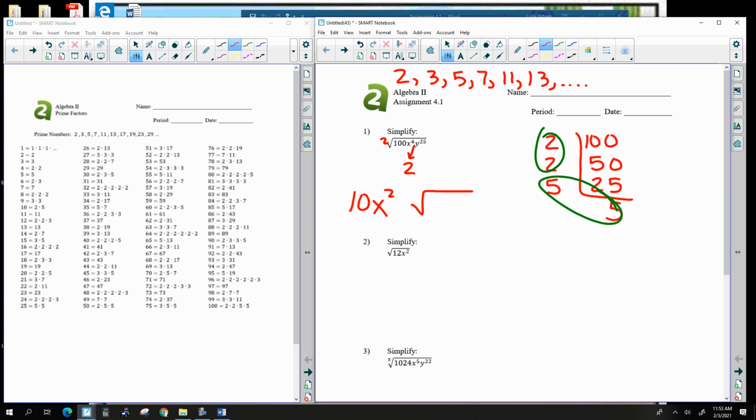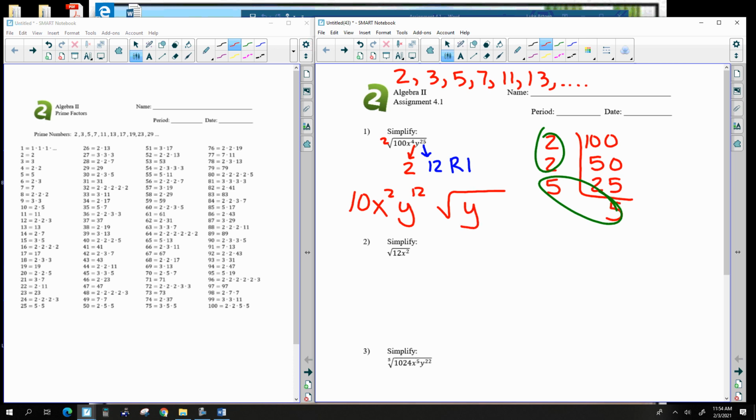Now on this y portion of the problem, this y is to the 25th. So 25 divided by 2 is 12.5, or 12 remainder 1. If you recall back in the day when you may have learned how to divide, you get these remainders. So 12 remainder 1 implies I'm able to take out 12, but I have 1 left over.